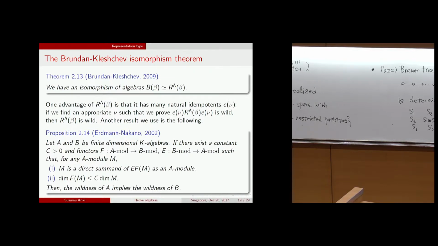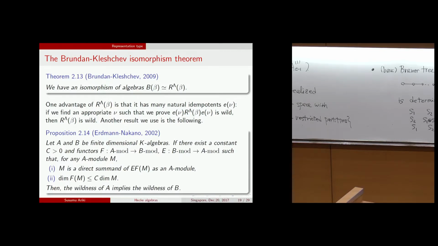And if there is a constant C and functors F from the category of finitely generated A-modules to finitely generated B-modules, and a functor E in the other direction, such that for any A-module M, M is a direct summand of EFM, and if the ratio of the dimensions has an upper bound C, then the wildness of A implies the wildness of B. So this is the general result.